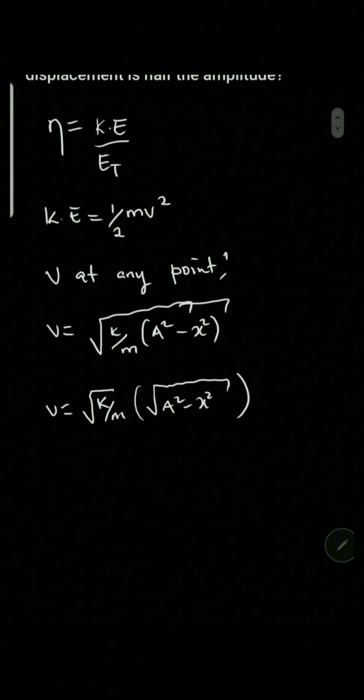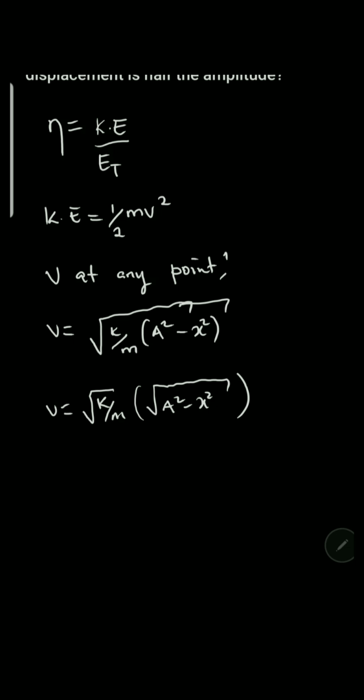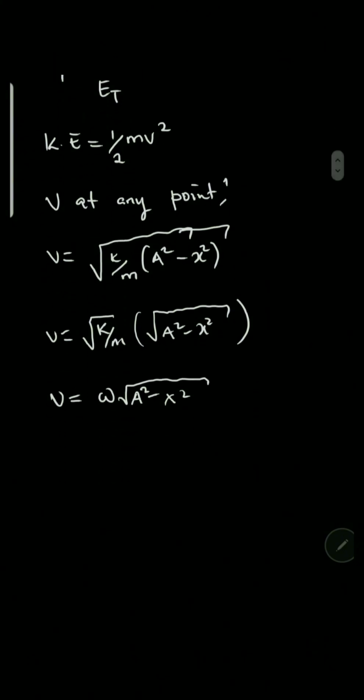Now if you recall, this part that we have here is simply the same as angular frequency. So this is also an expression for angular frequency. Hence velocity will be equal to omega, the angular frequency, times root of a squared minus x squared. So now this is what we're going to substitute where there's v.